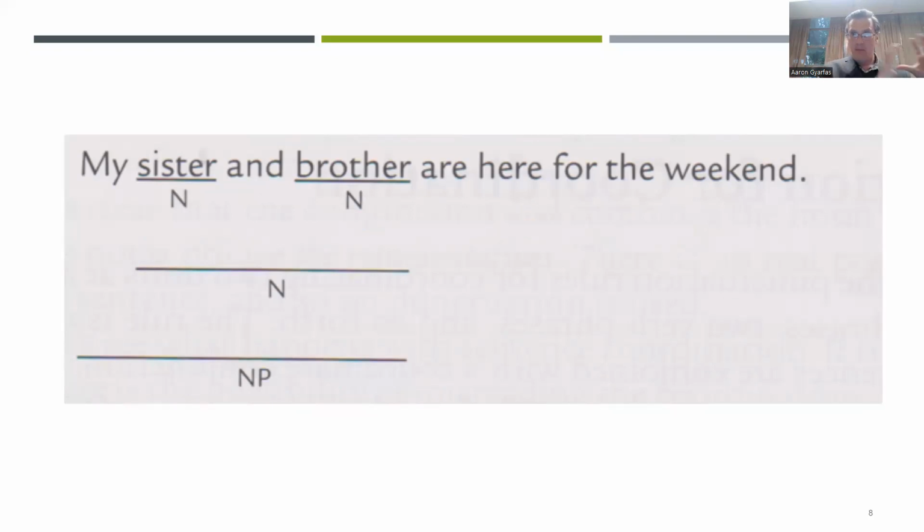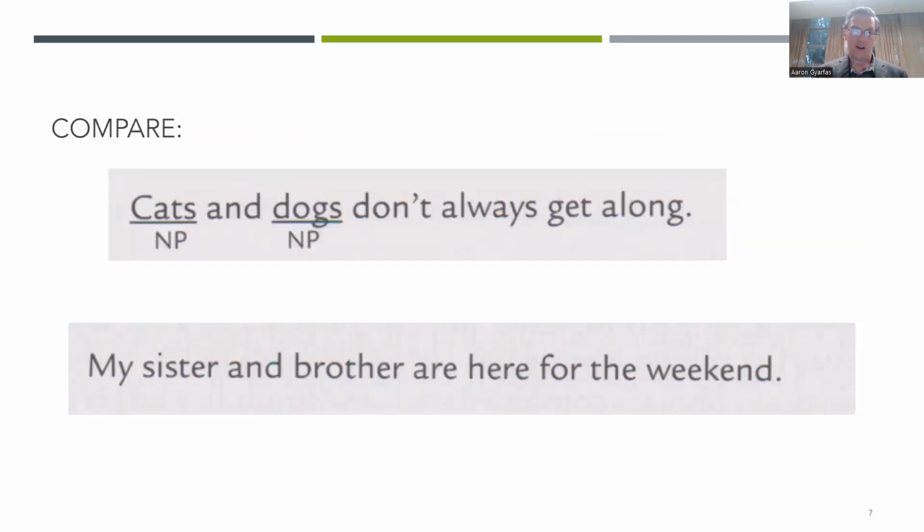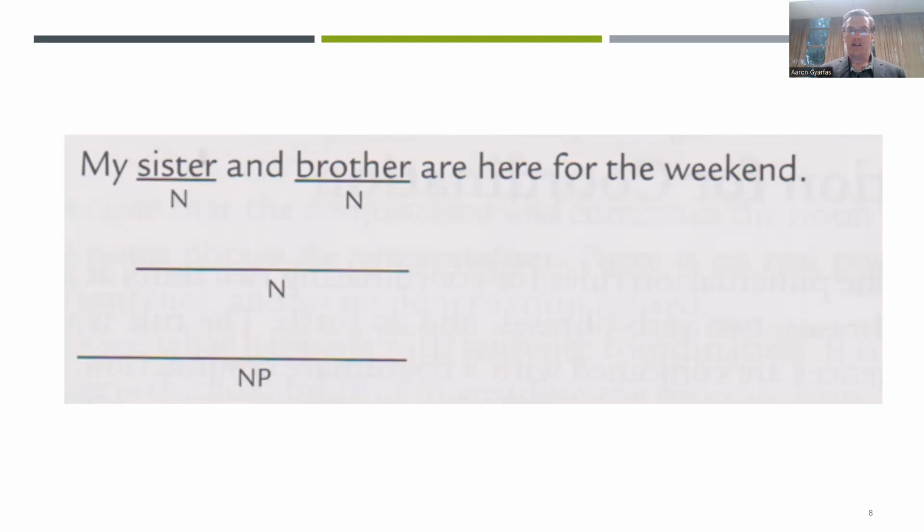It needs to be my separate from sister and brother. So sister and brother come together with the possessive my as one single noun phrase. So with cats and dogs, and is combining two separate noun phrases. Here, and is connecting two nouns that are inside one noun phrase together.